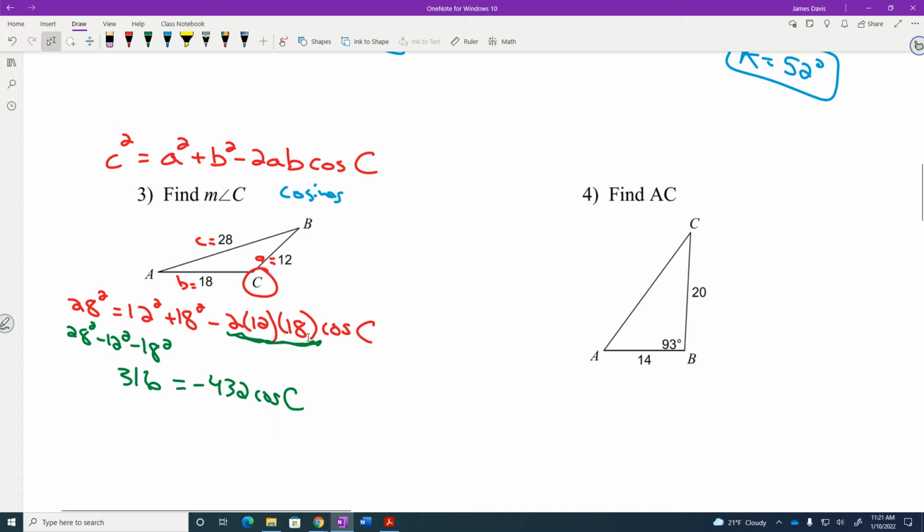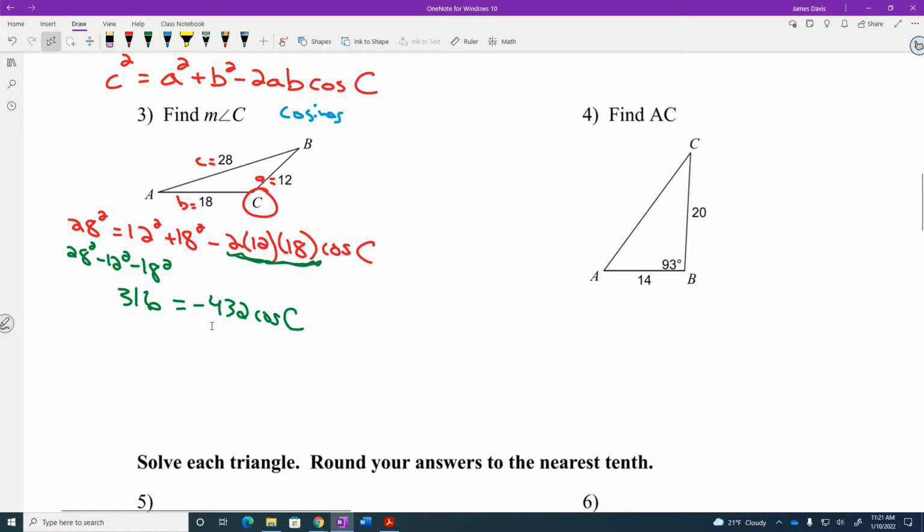From there, to get big C by itself, we first need to divide by negative 432. You'll get some decimal. Now to get the big C, we have to do an inverse. So big C is the inverse cosine of whatever that answer was.